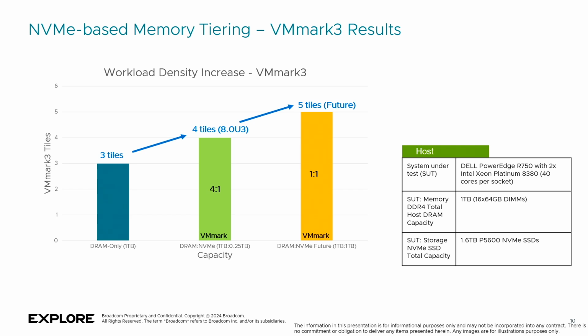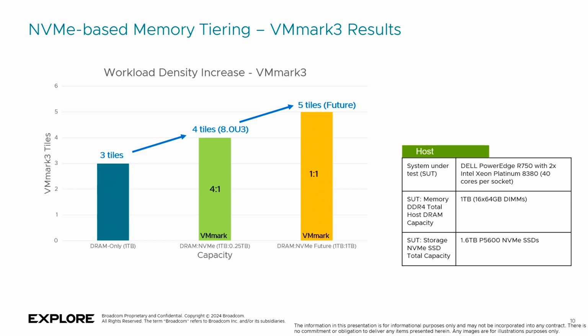So now when you look at these tiles and how they are scaling up with memory tiering, the leftmost bar again shows a DRAM-only density. The middle one shows what is available today with 8.0 U3.